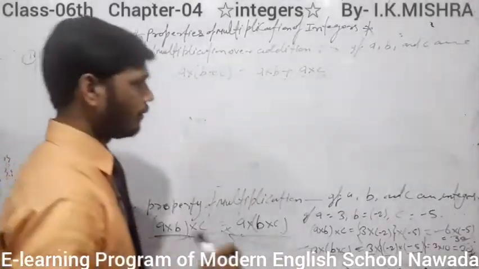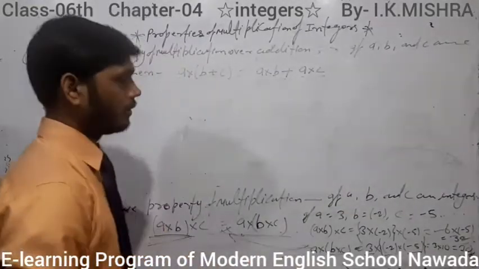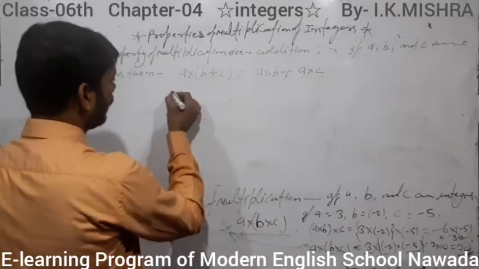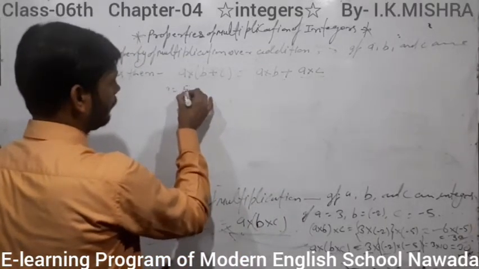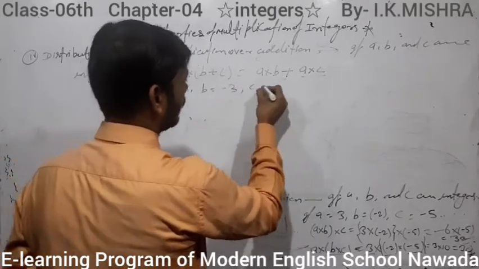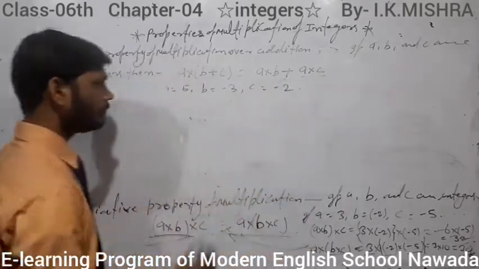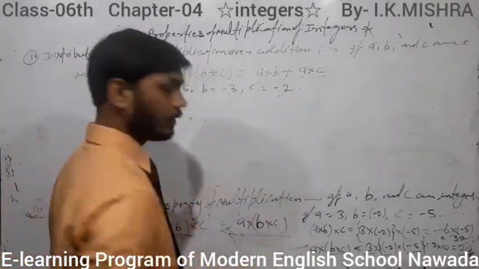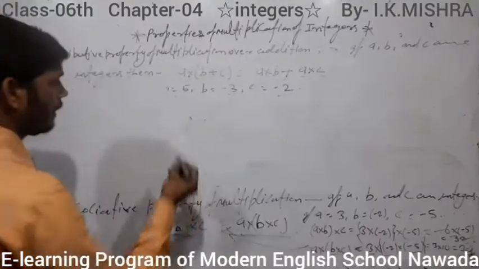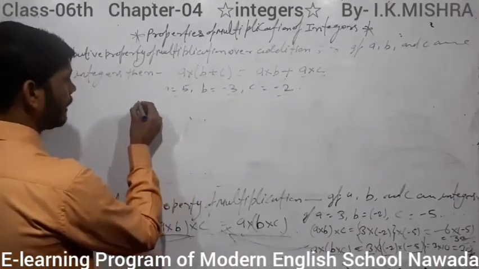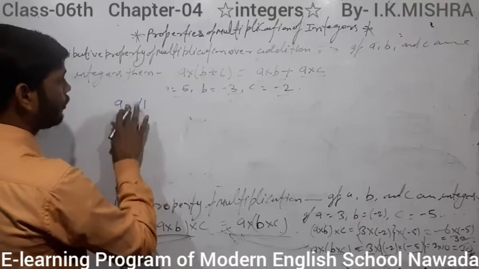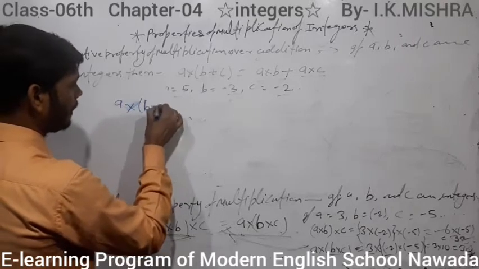Students, you watch here clearly. Here if a equal to 5, b equal to minus 3, c equal to minus 2, here three integers are given. Students, now write a into (b plus c).